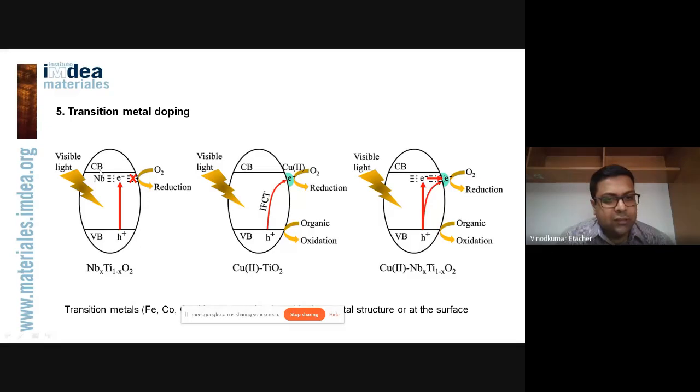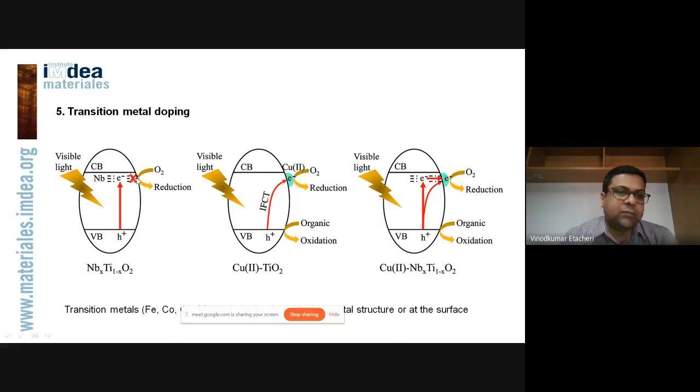And since the conduction band is formed by cations, this can change the conduction band level. Once we dope niobium or any other transition metal ion, it can form additional levels just below the conduction band. So that reduces the whole band gap.